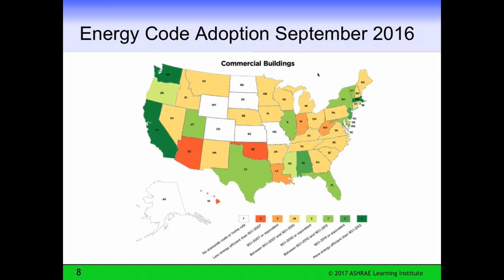The orange have less energy efficient than 90.1 2007. So I would say they tend to be behind in adopting the more recent version. The lighter orange is 2007 version of 90.1 or equivalent.